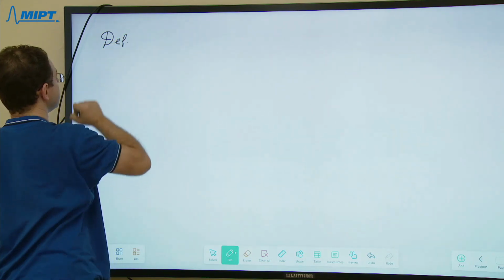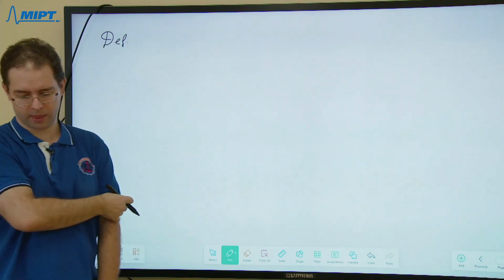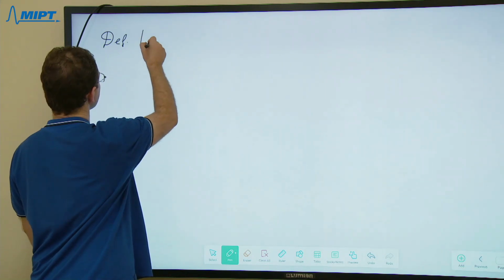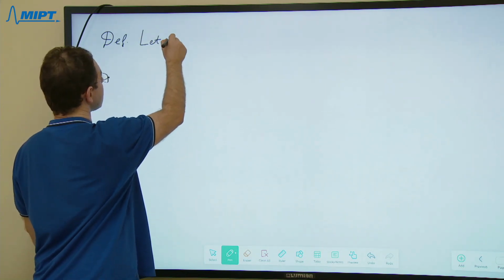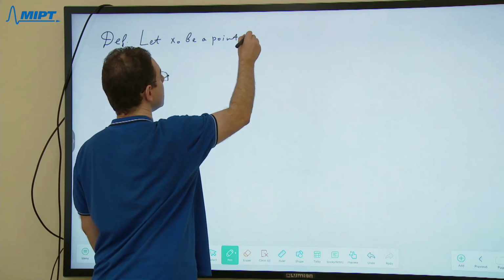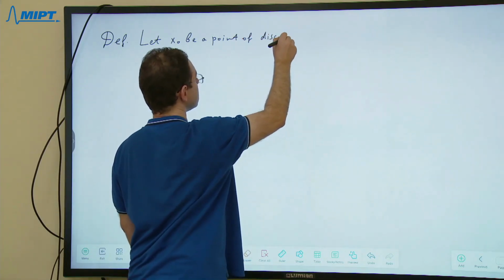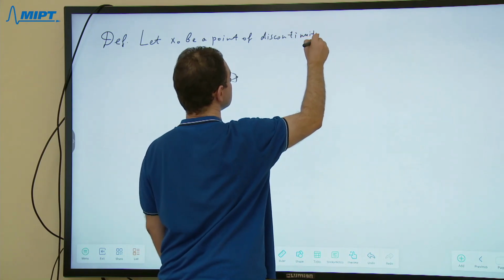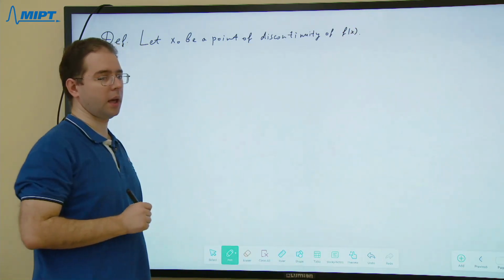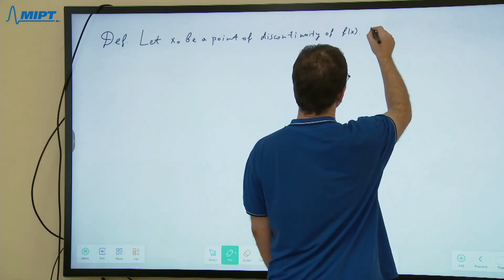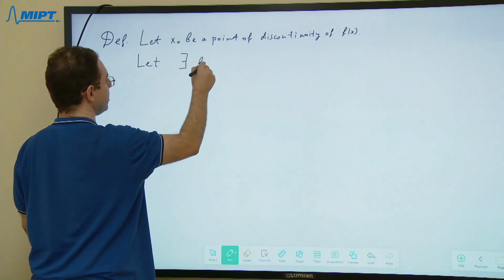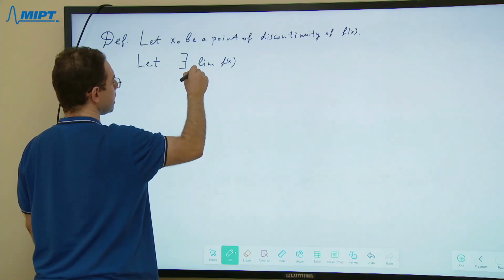Definition. Let x0 be a point of discontinuity of function f of x, and also let there be a limit of my function as x tends to x0.